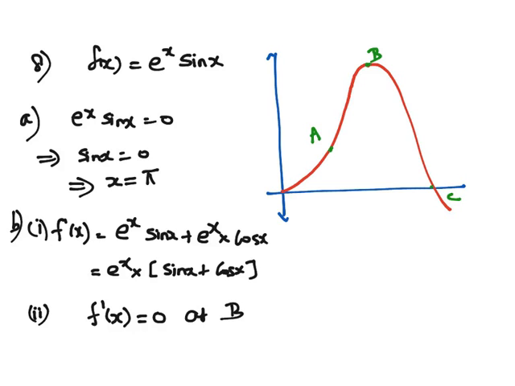Now the C part is, show that f double dash of x is 2 e power x cos x. That means I have to differentiate f dash of x.